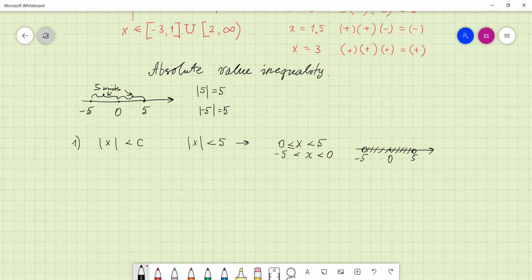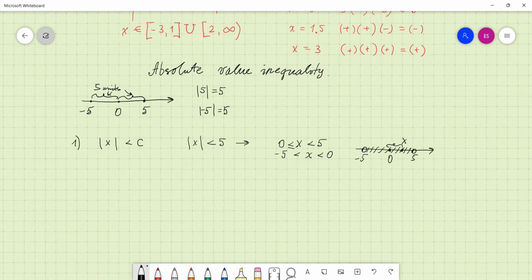we're going to get all the numbers between -5 and 5. Actually, this inequality means that the distance from number x to 0 is less than 5 units. So any number for which the distance from 0 to x is less than 5 units is going to fit. They can sit at most 5 units away from 0, in this direction and this direction. They can be less.